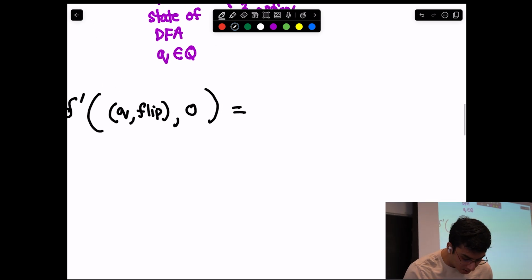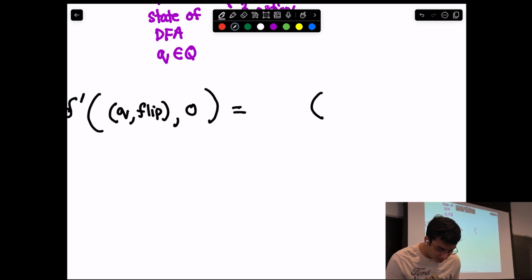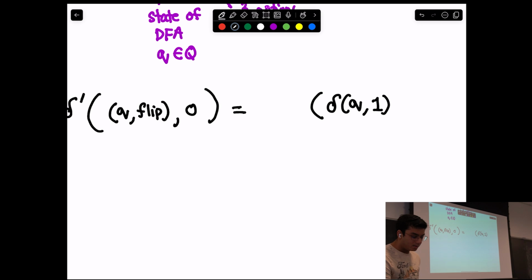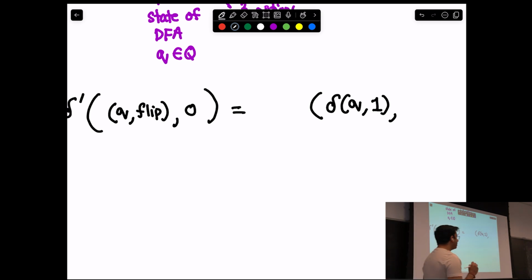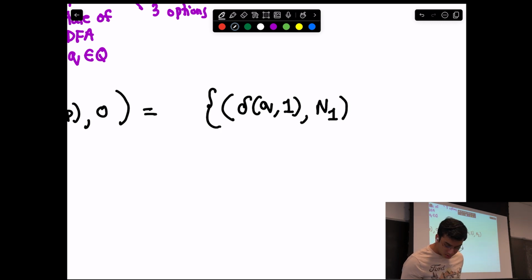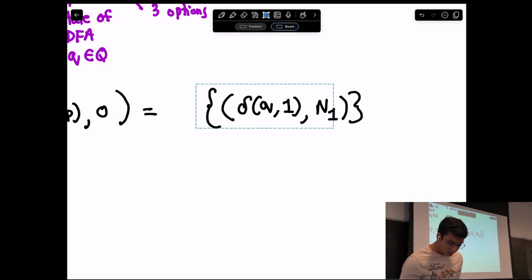So the first element in the tuple is going to be delta Q after reading 1. And then I transition from flip to normal 1 because I'm updating my mod. And because this is an NFA, I have a set of states. Questions so far?